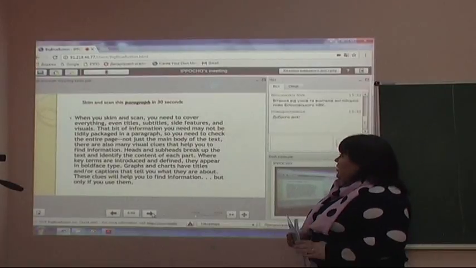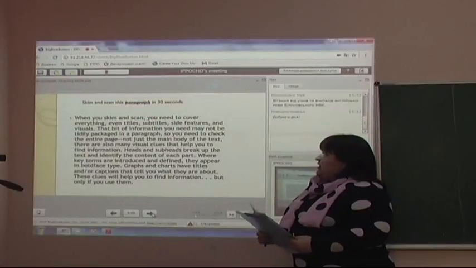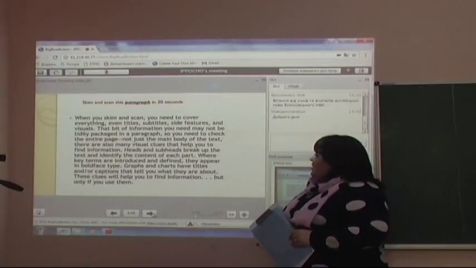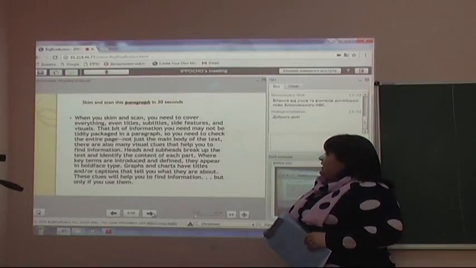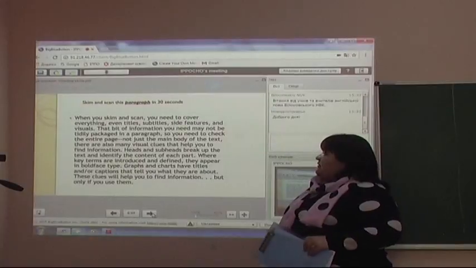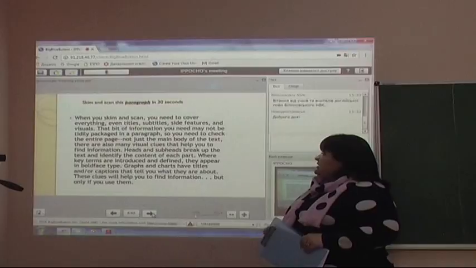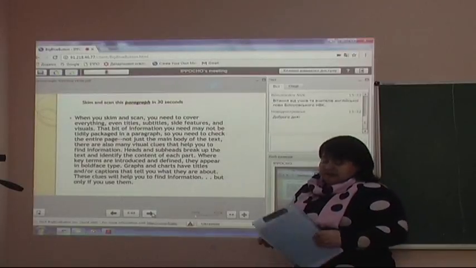Don't forget about subtitles, side features, and visuals. The bits of information you need are not tightly packaged. So, heads and subheads are also very important, and they break up the text and identify the content of each part. Where key terms are introduced and defined, they appear in bold type.